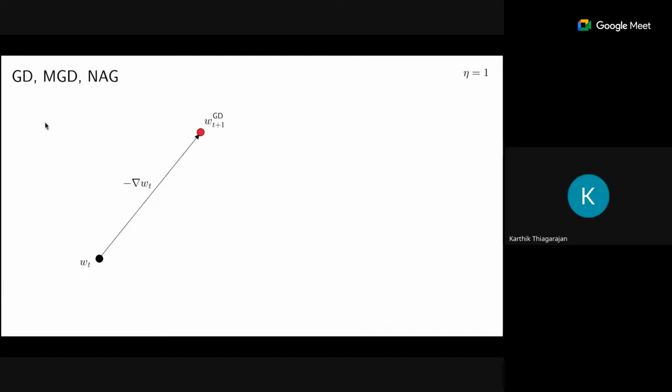Now for momentum, let's say the momentum tells you that this is the direction in which the accumulated gradients lie. If you want a momentum update, what would you have to do with these two vectors?